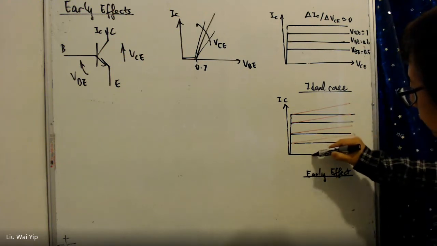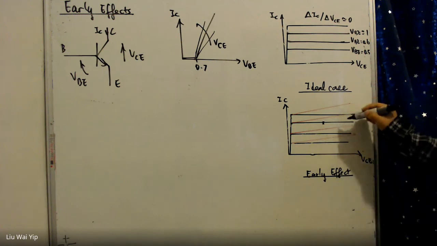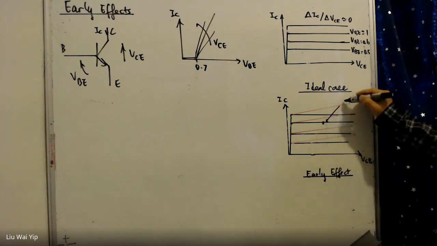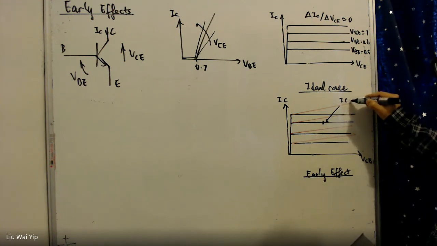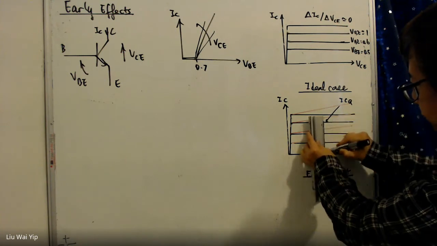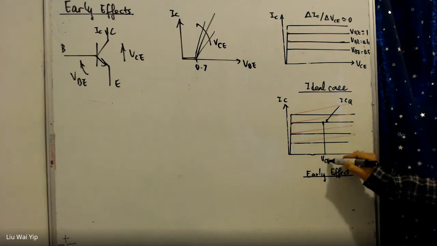So if your Q point is here, you want to claim this ICQ. The voltage at this point is VCEQ.